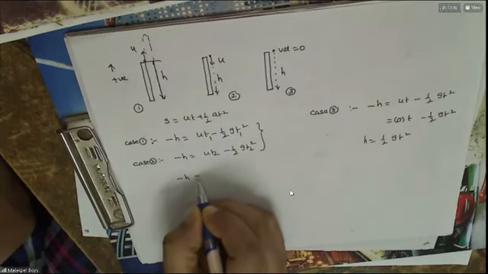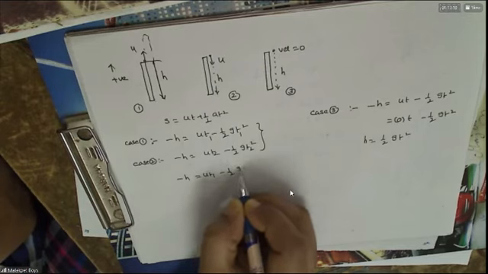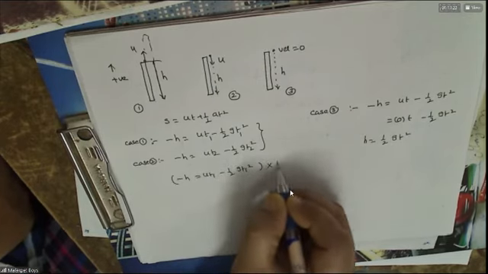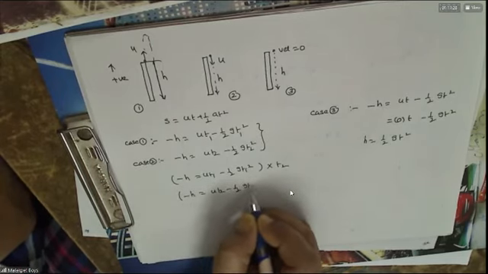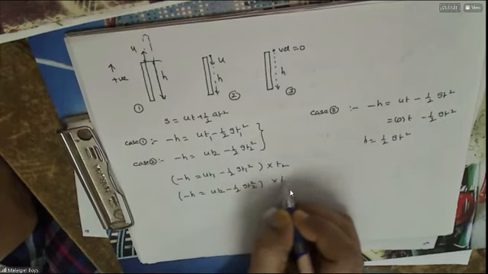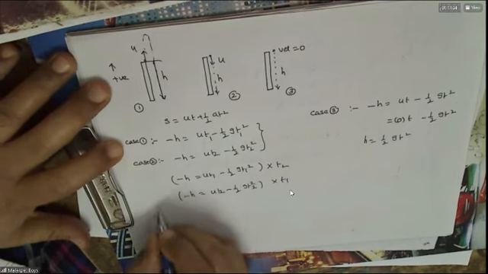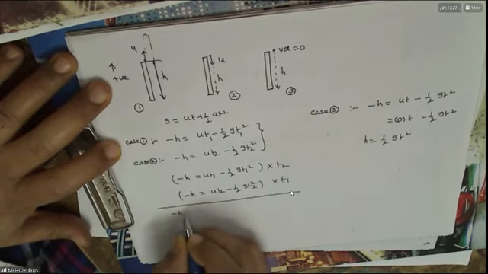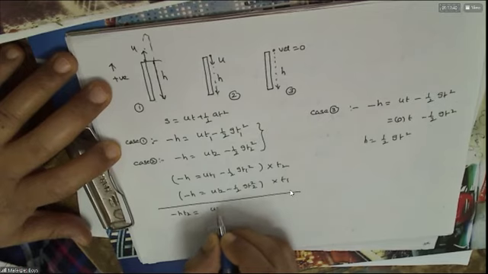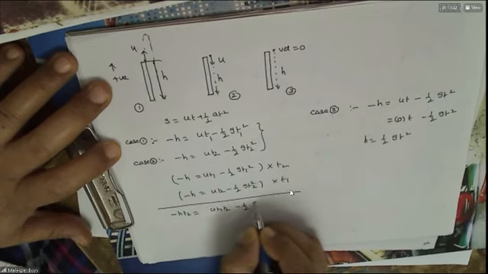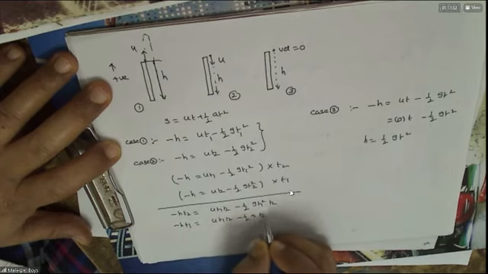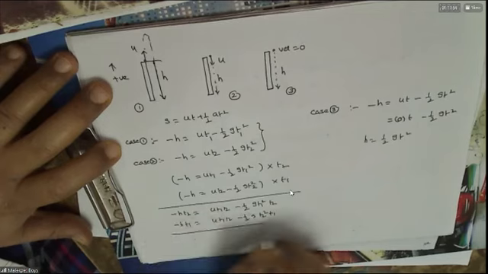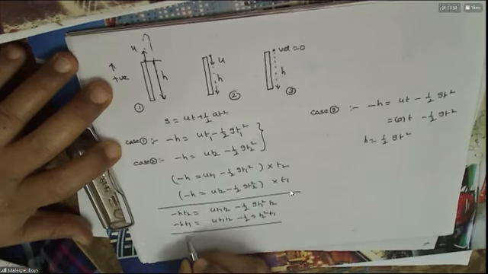Multiply the first equation with T2 and the second equation with T1. Okay, then what is it that you get here? If you subtract one from the other, what is it that you have?